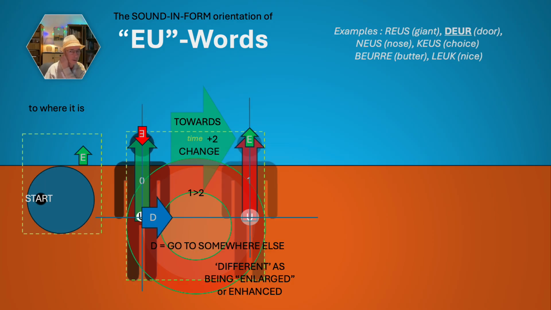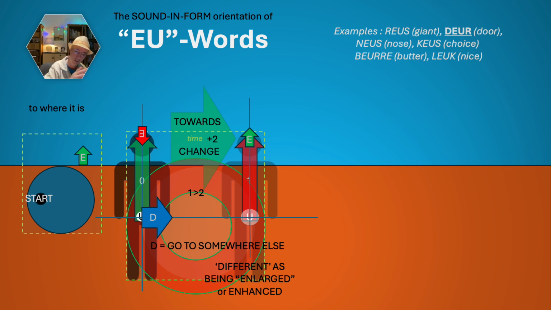Same thing with DEUR, or door. It's also going from one space to another space. Here I explained the letter D. D is also going from one point in space towards another point in space where something is different, almost like a different space, a different world.